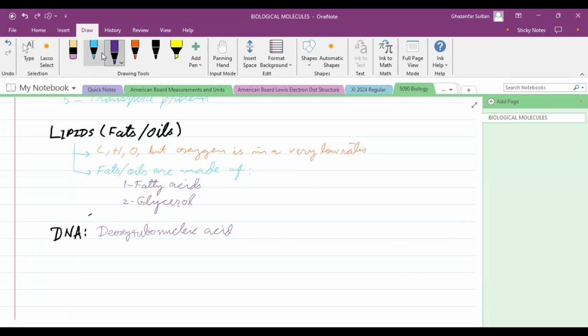And actually, DNA comprises three materials. Number one, deoxyribose sugar that we have seen in carbohydrates. Deoxyribose, a 5 carbon atom sugar, that we have already seen.